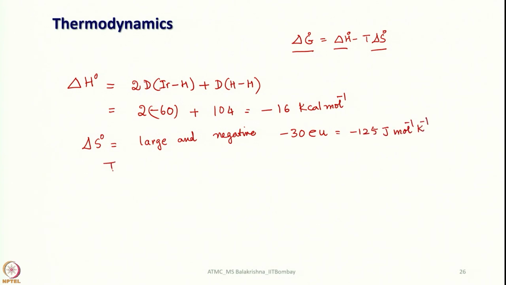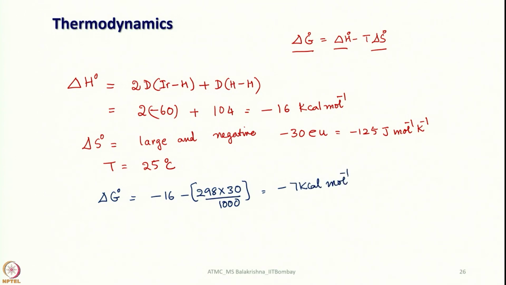Of course, the temperature is 25 degrees centigrade. Now, if we incorporate this to calculate delta G, we get minus 16 minus 298 into 30, divided by 1000 to convert, which gives minus 7 kilocalories per mole.